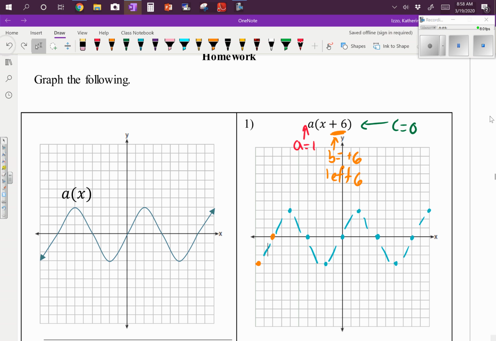So what we're going to do is we're going to take this point and we're going to march it 6 there, and that's how it turns. That's what it turns into. Okay, this point is going to go 1, 2, 3, 4, 5, 6 to make that point.